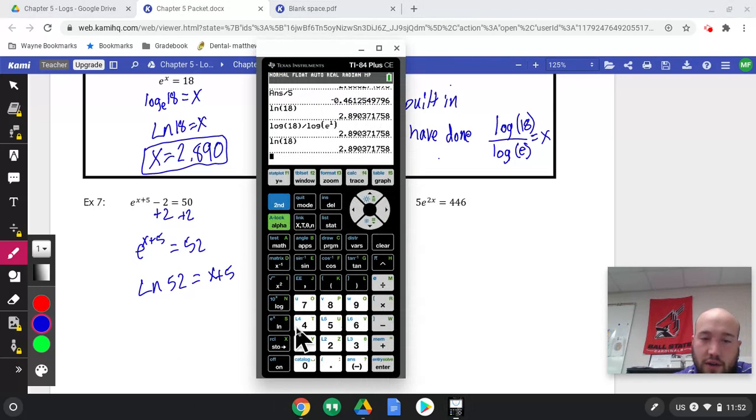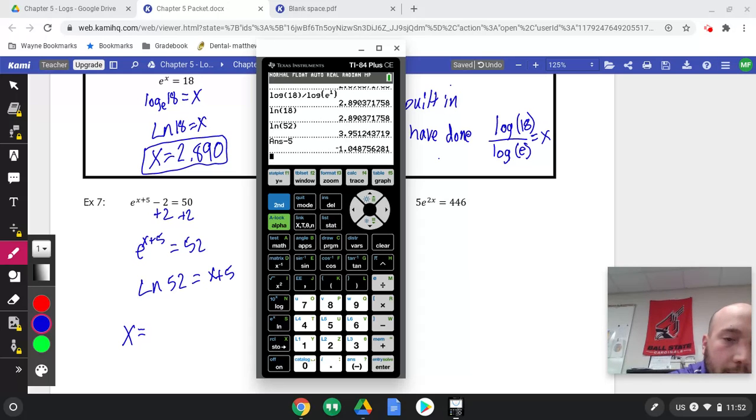So now I go ln of 52. I find my answer, and that would equal x plus 5, so I need to subtract the 5 over. And our answer then is negative 1.049. And that is my final answer.